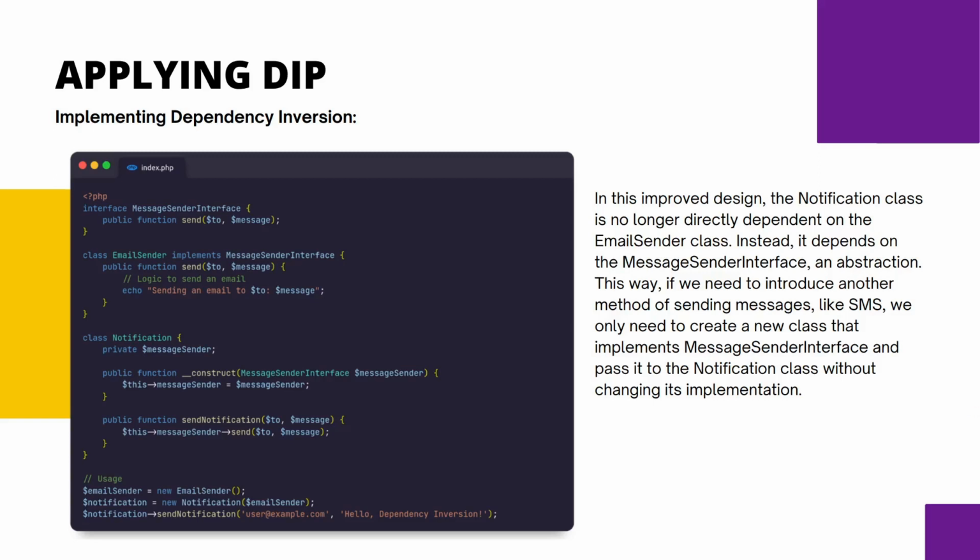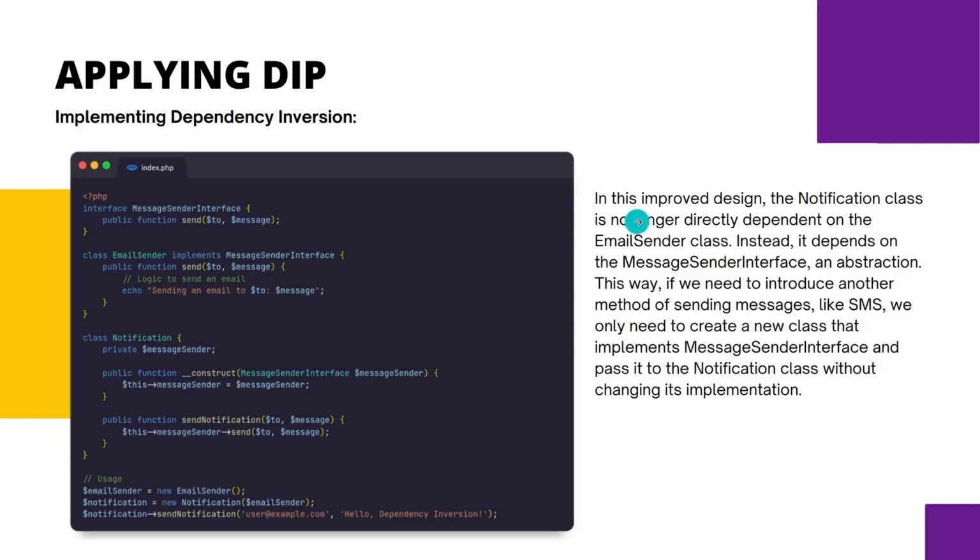Instead, it depends on the message sender interface, an abstraction. This way, if we need to introduce another method of sending messages like SMS, we only need to create a new class that implements the message sender interface and pass it to the notification class without changing its implementation.